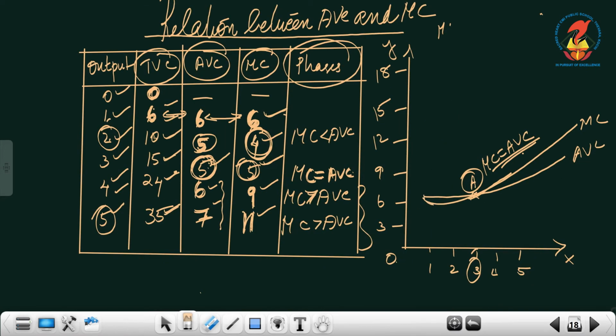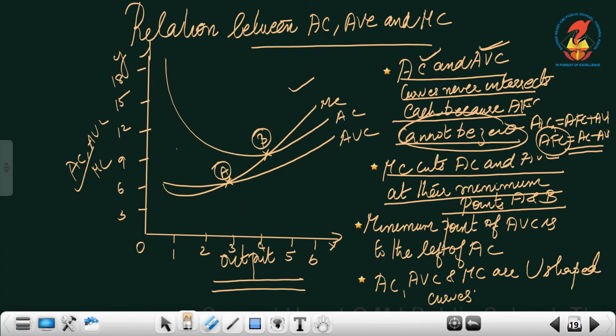Likewise, MC is also cutting AVC at its minimum point, isn't it? The minimum point of AVC is 5. It is also cutting AVC at its minimum point. So this point is very clear, isn't it? MC cuts both AC and AVC at their minimum points A and B. See, these are the minimum points.